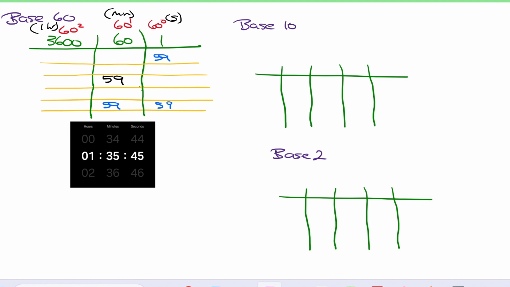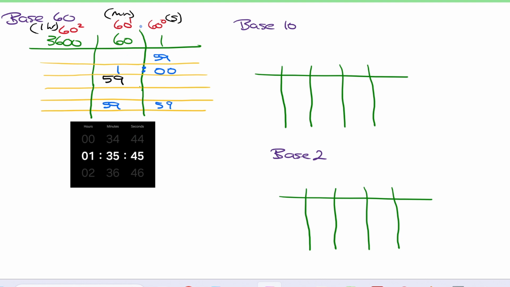So when I get to 59 in this column, normally we would only have one digit, so we could have 0 to 9. But actually when base 60, I can have everything up to 59. And then if I get one more second, I will have 1 minute and 0 seconds. And often it is written with double dots like that.